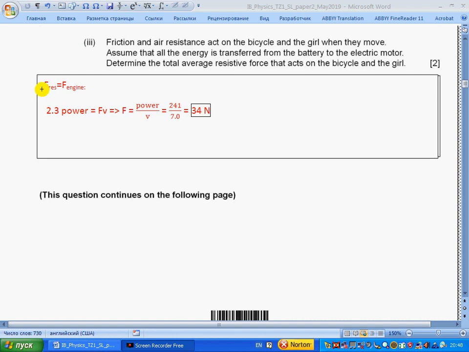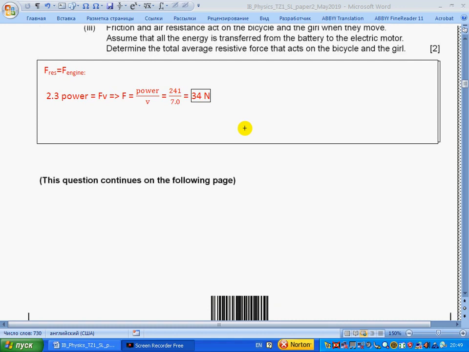So we assume that the girl is moving at constant speed, so resistive force equals force of engine. On the other hand, section 2.3: power equals force times speed, so force equals power over speed. Power over speed gives us the force, 34 Newton.